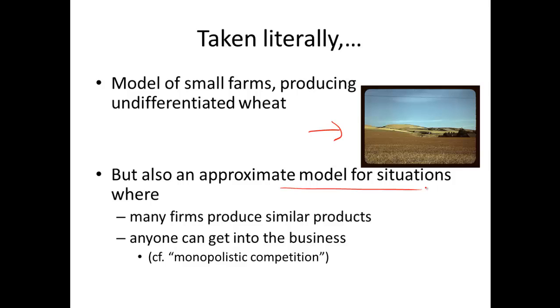And so, later in the course we'll talk literally about a market structure called monopolistic competition. But the point I want to make on this slide is that the perfectly competitive model, literally, is about firms producing identical things, but it's useful as a set of lessons and metaphors about contexts where lots of firms produce similar things, and as I said, anybody can get into the business.